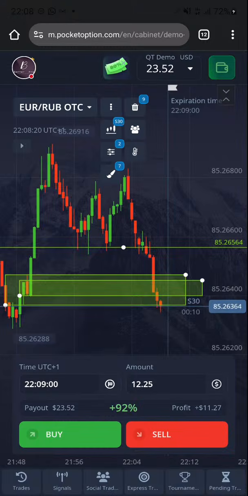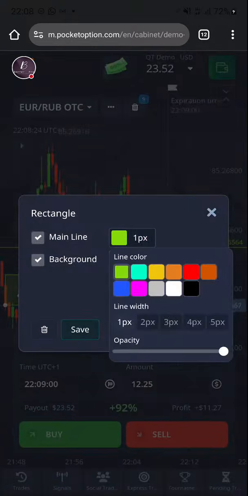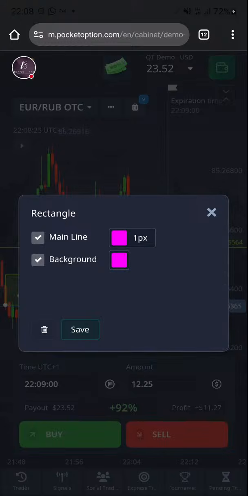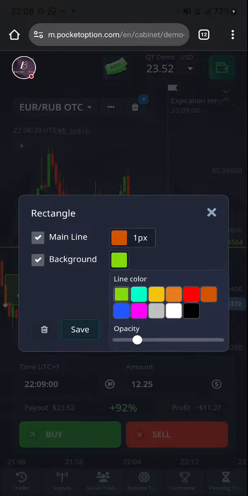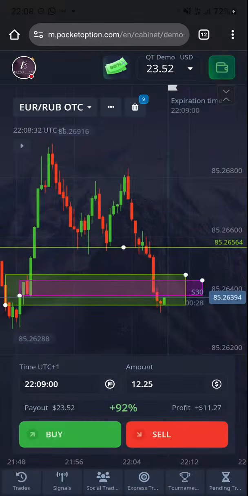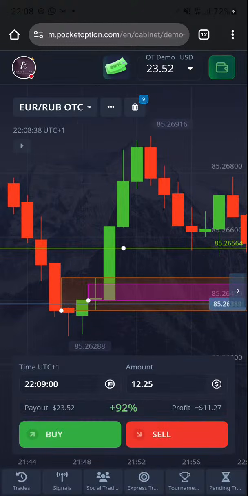You see, we have another block here. Let me show you. This is the lower time frame entry for the other block, and this is the other block itself. And this other block is not just any kind of other block. You understand? It's a very strong one. Look at this push to the upside.